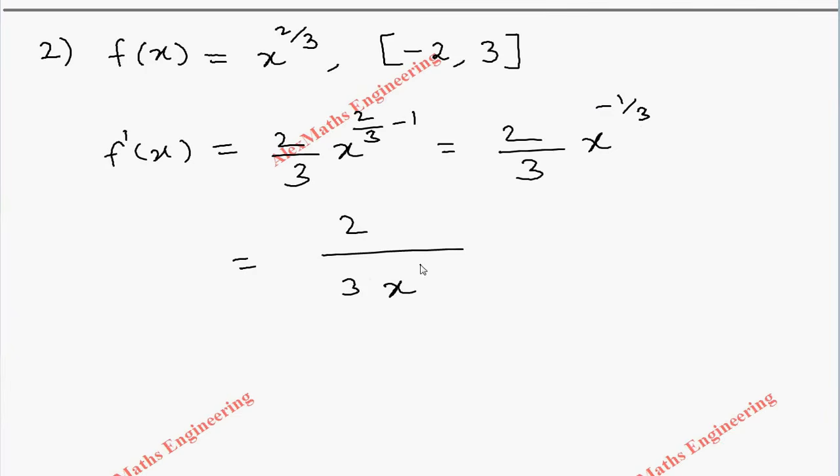It will become 3x power 1 by 3. As per the procedure of finding the critical values, whenever there is a numerator and denominator form, we have to separately equate to 0. But here the numerator is 2, we cannot equate it to 0. But the denominator term 3x power 1 by 3 equal to 0, so x will be 0.